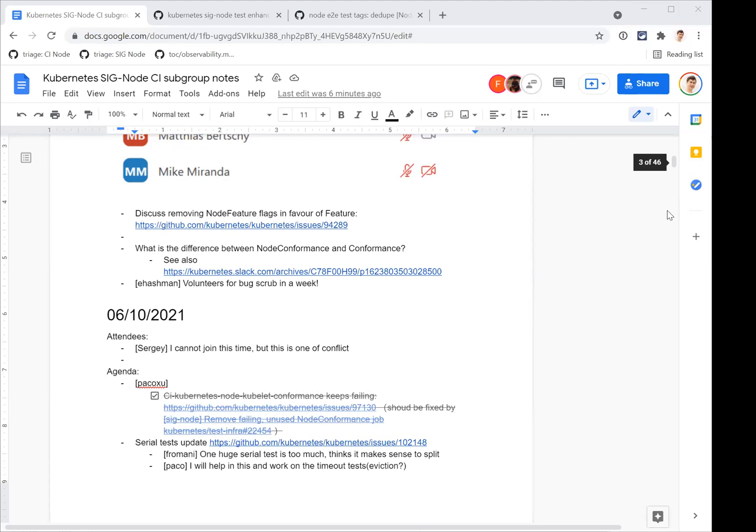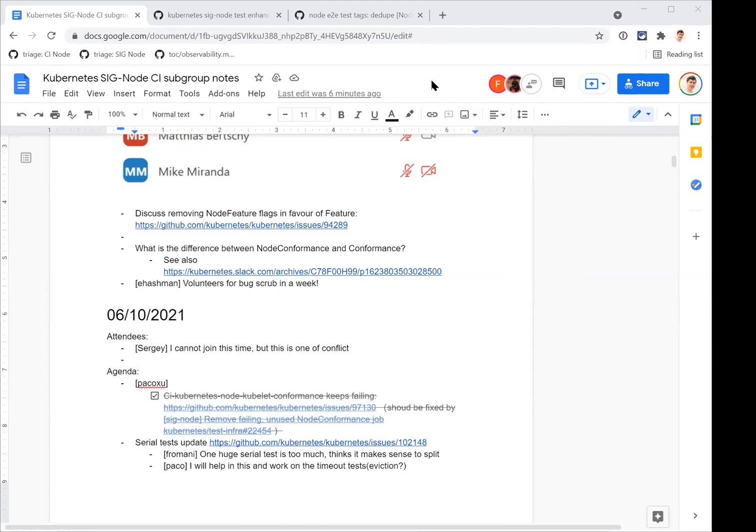Regarding node conformance, if I understand correctly, once you move the feature to GA, you also should move the end-to-end test for this feature to conformance tests. So it should always be stable without flakiness. The next item on the agenda is about this confusion.